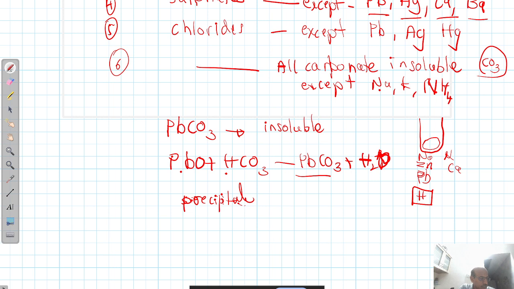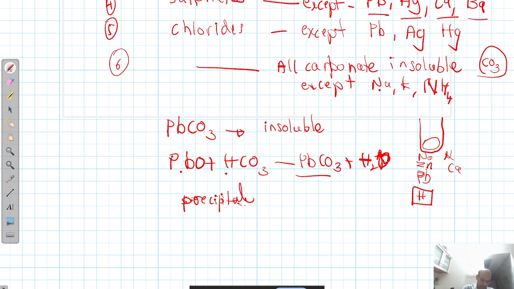In page number 51, example 3, he has given how to convert PbCO3, but he is not telling how PbCO3 is formed. Sorry for that. There also he has not given PbO plus HCO3.